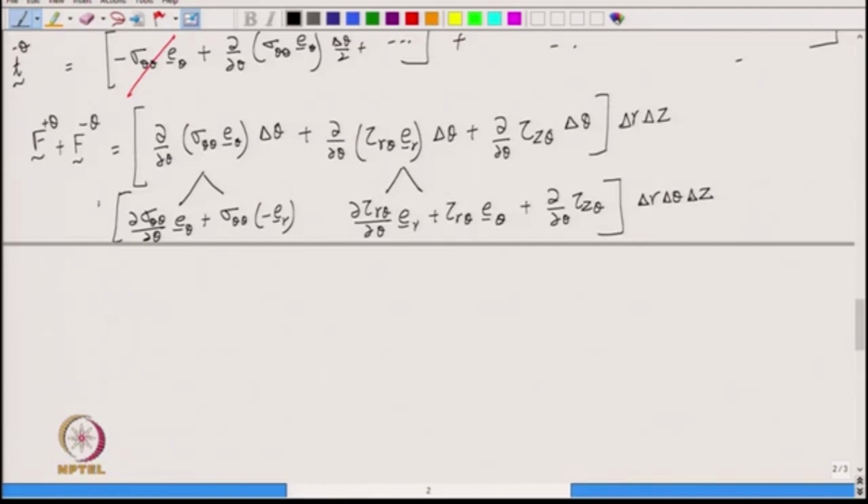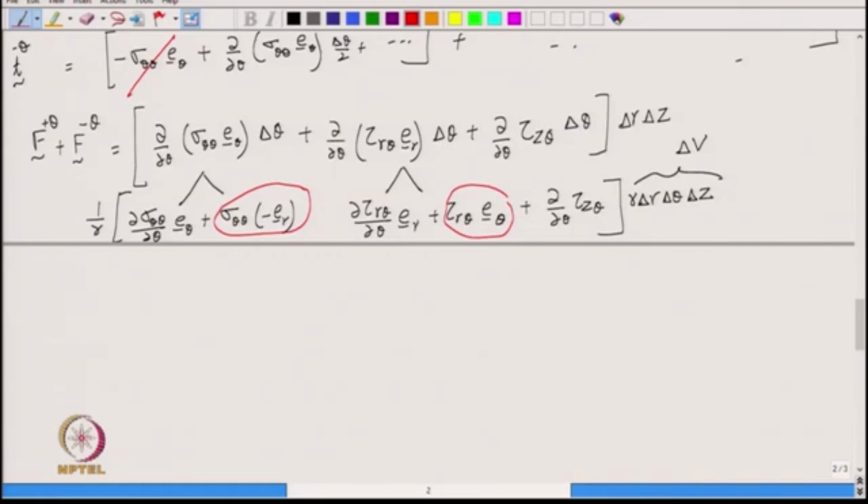And if we divide by r and multiply by r, then we know that this thing here is simply the volume of the cylindrical element. Okay. And what are the extra terms? So, this and this here, these two are the extra terms.